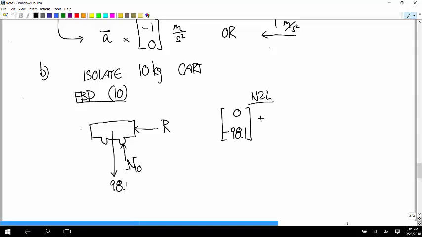The normal force is in the positive y direction, so 0, positive N10. The reaction force R is in the negative x direction, so that's negative R, 0.